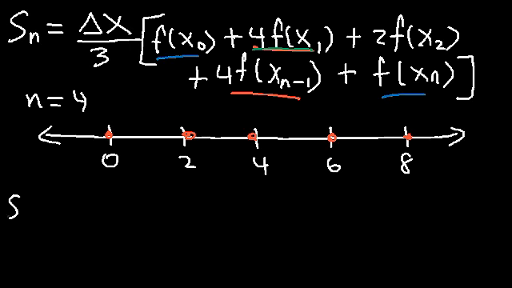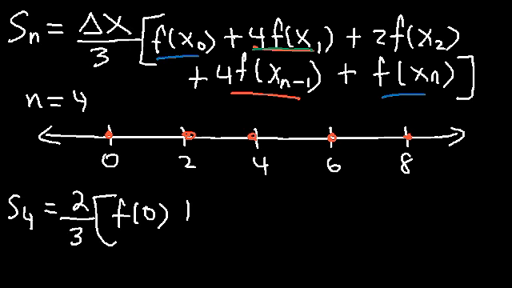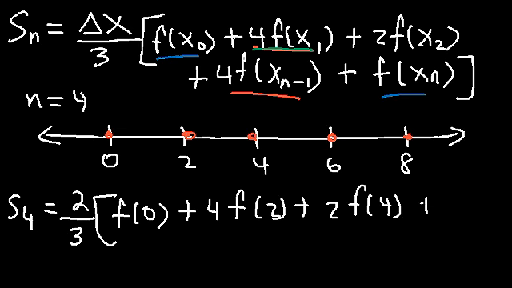Delta x is still equal to 2, but this time it's divided by 3. The first point is f of 0, then it's going to be 4 times f of 2, and then after that it's 2 times f of 4 plus 4 times f of 6, and the last one is just going to be f of 8.